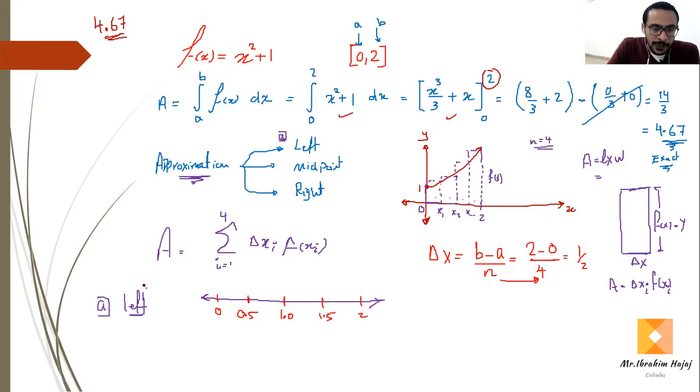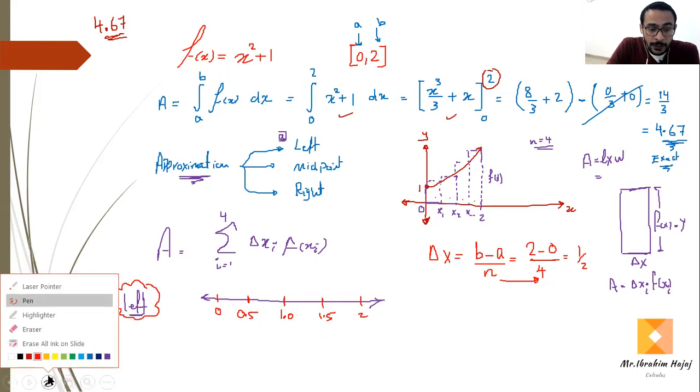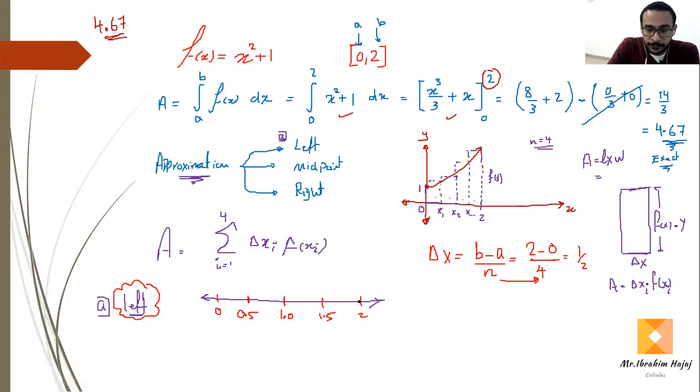Okay, for the left endpoint rule, pay attention please. I would take only the points from the left: 0, 0.5, 1 and 1.5. So when I have 4 subintervals, I have 5 points on the number line, and I'm going to use only 4 of them. When I use the left endpoint rule for this area, I take 0, 0.5, 1 and 1.5.